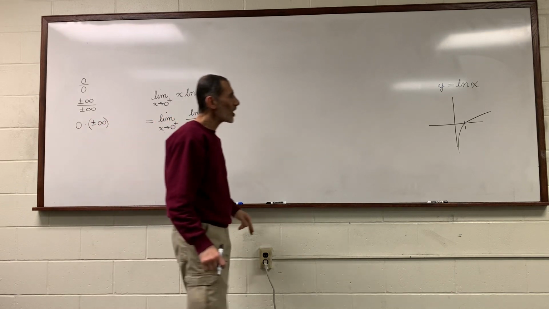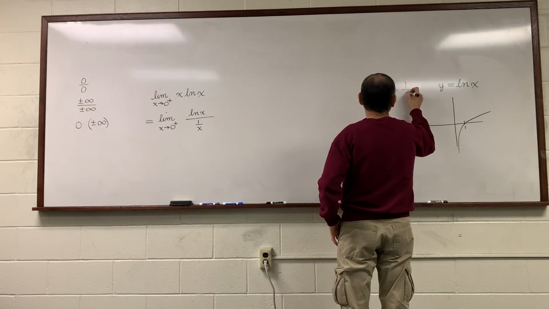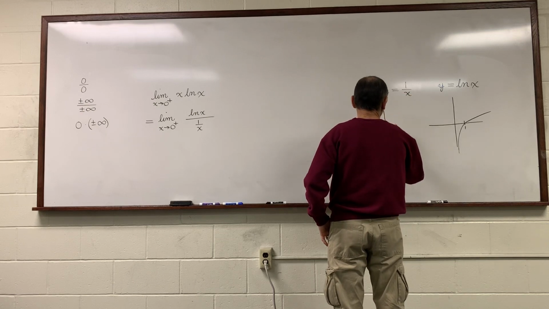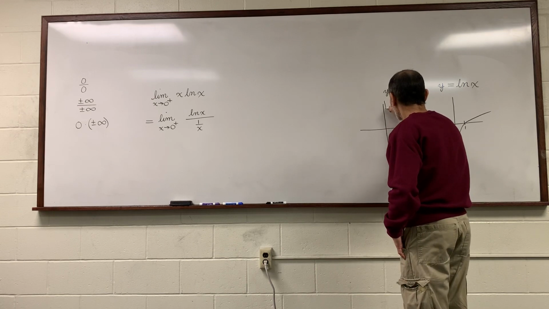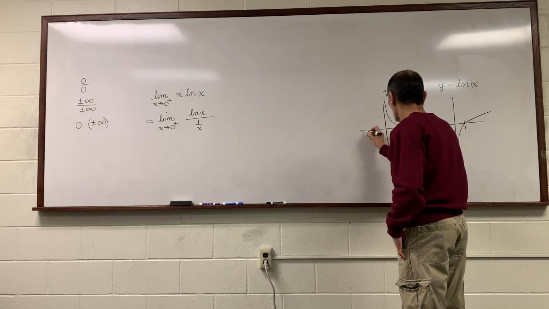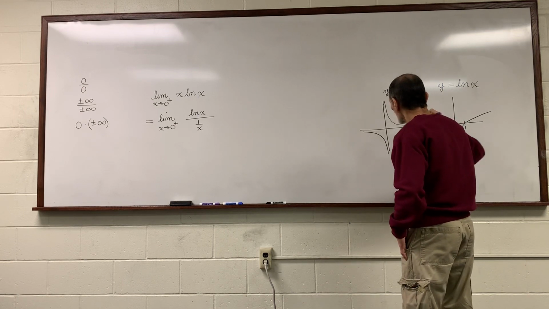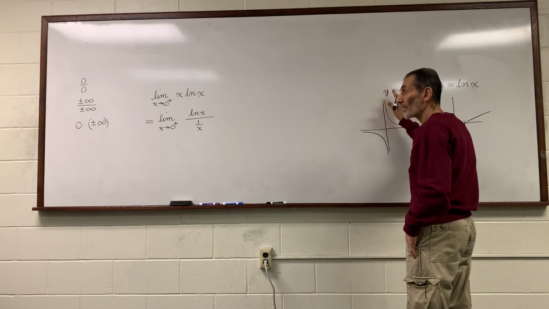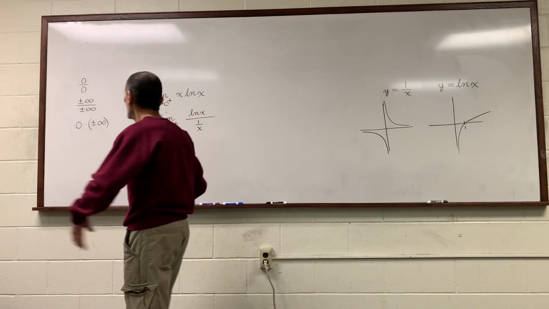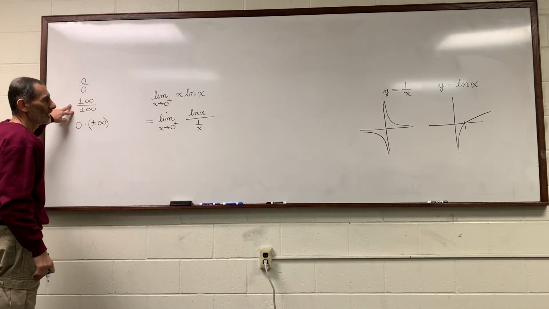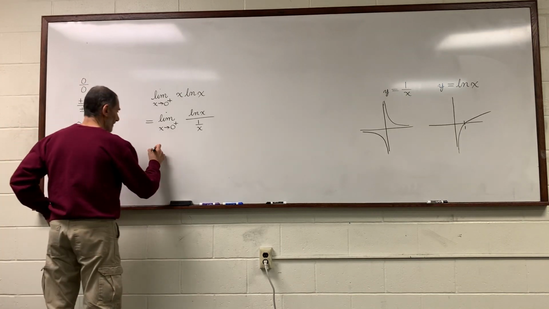Again, you should know what the graph of y equals 1 over x looks like. As x approaches 0 from the right, 1 over x approaches infinity. We have negative infinity over infinity, a standard indeterminate form. So now we can apply L'Hopital's rule.